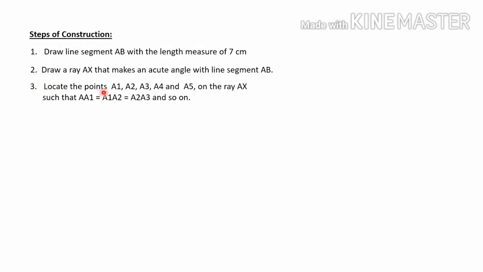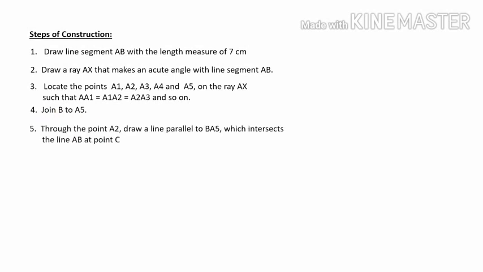Third step, locate the points A1, A2, A3, A4 and A5 on the ray AX such that A1 equal to A1, A2 equal to A2, A3 and so on. Join B to A5. Fifth step is through the point A2, draw a line parallel to BA5 which intersects the line AB at point C. AC is to CB equal to 2:3.